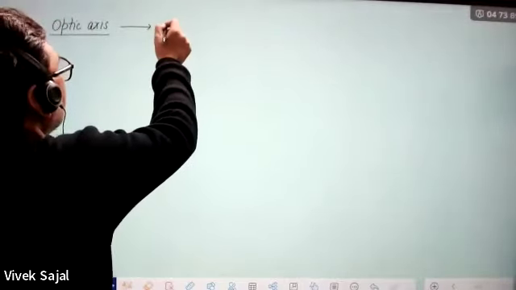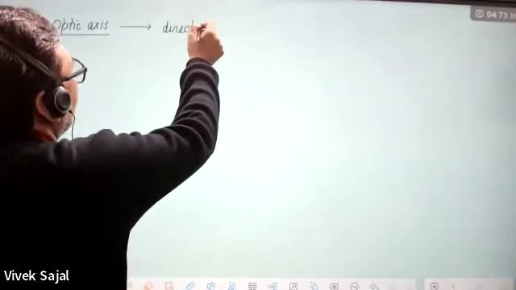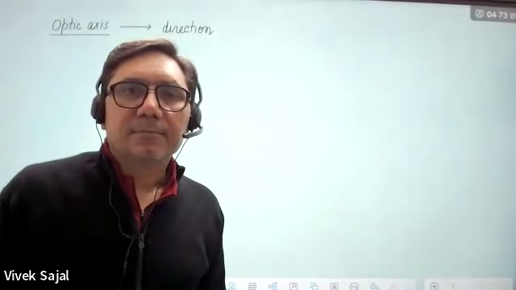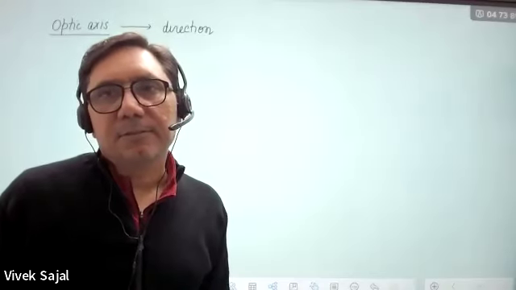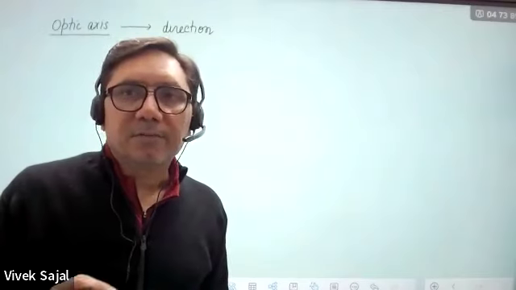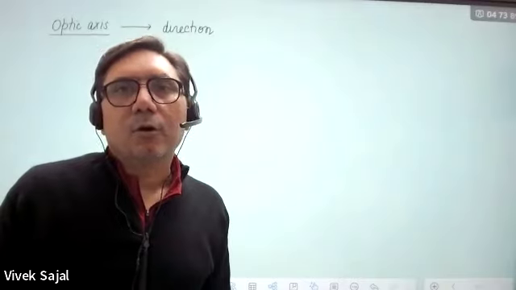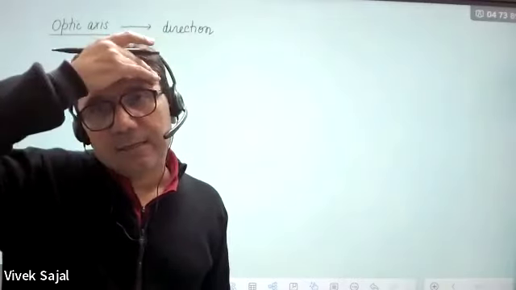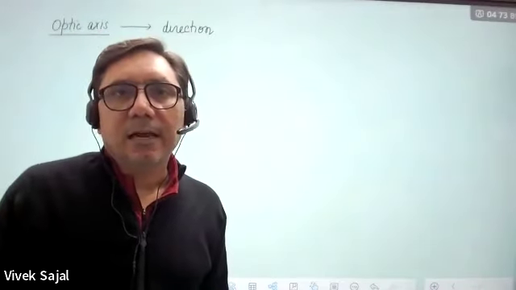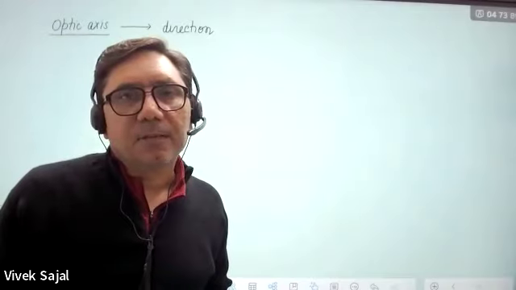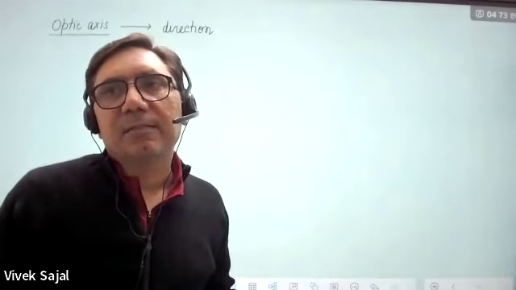You can write here: optic axis is the direction along which both the refracted rays, called the ordinary ray and the extraordinary ray, travel with the same speed.